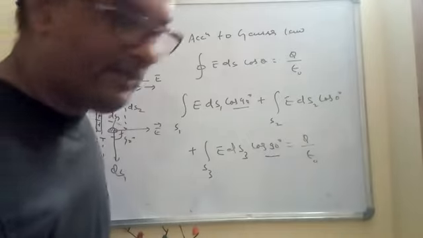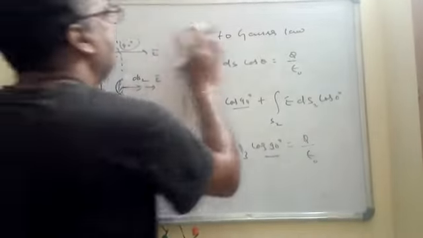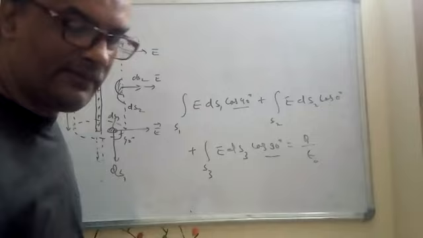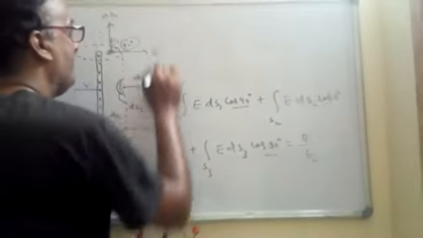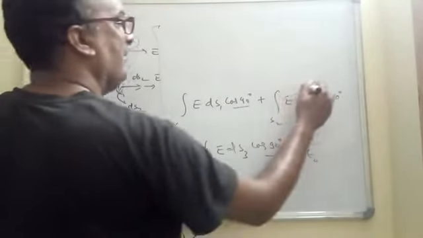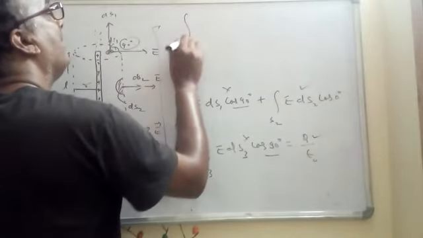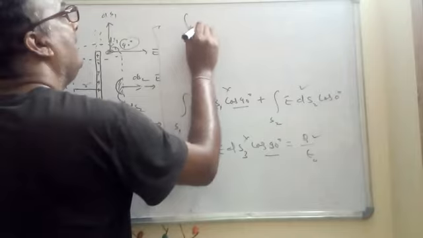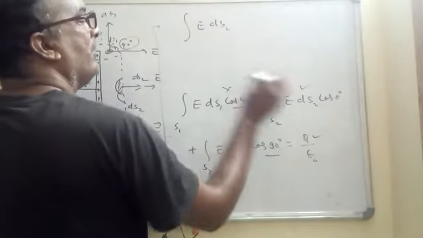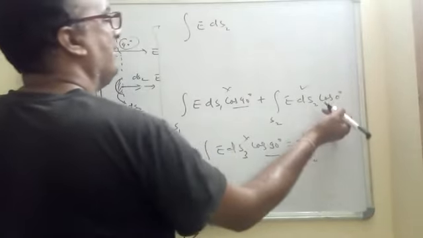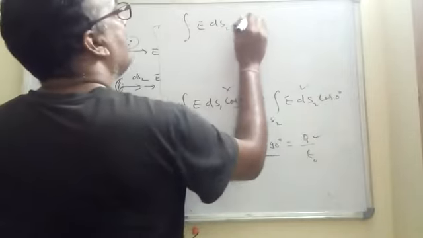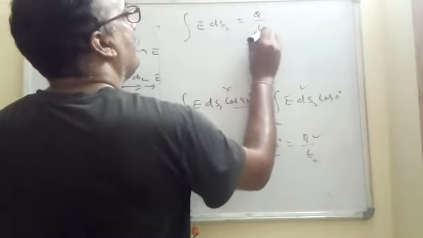So what comes here? Only this section will be there, only these two. This becomes 0. So it will be E ds2, because cos 0 degree is 1, equals Q upon epsilon naught.